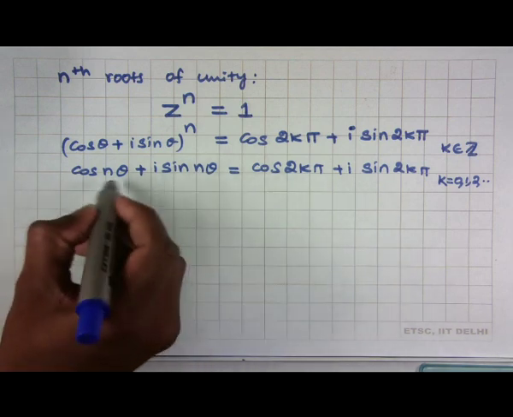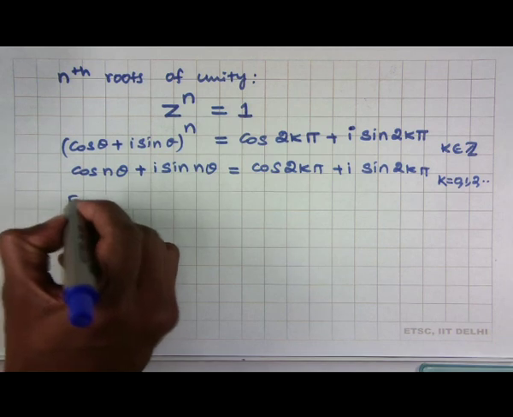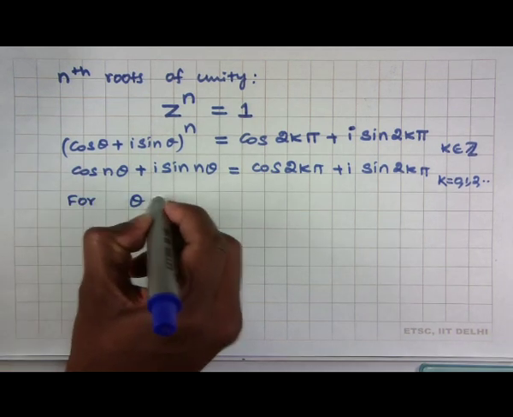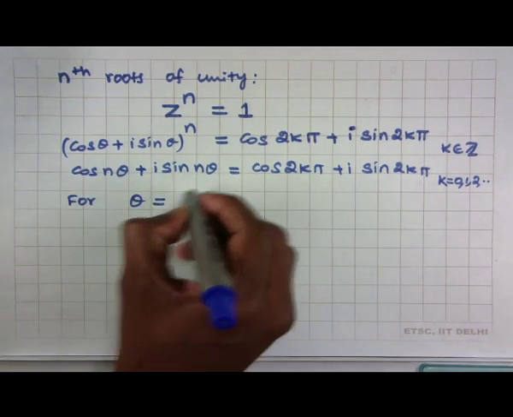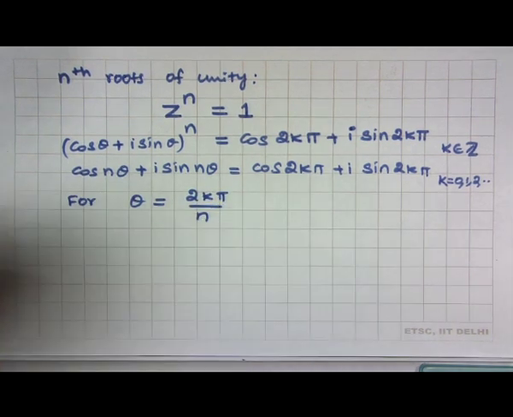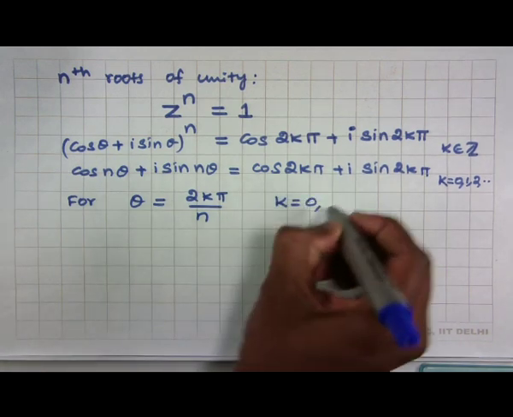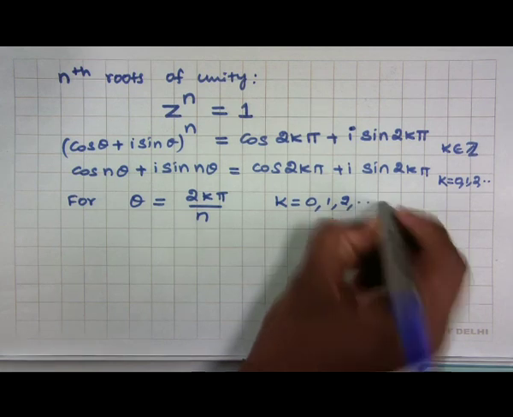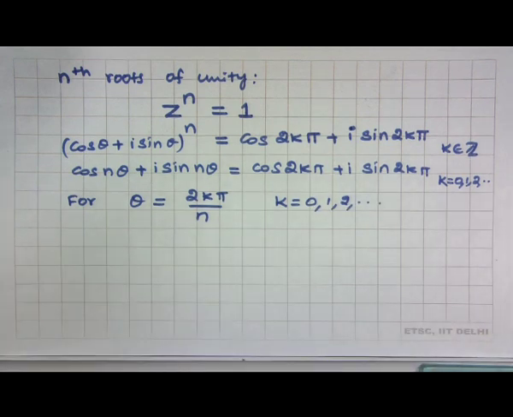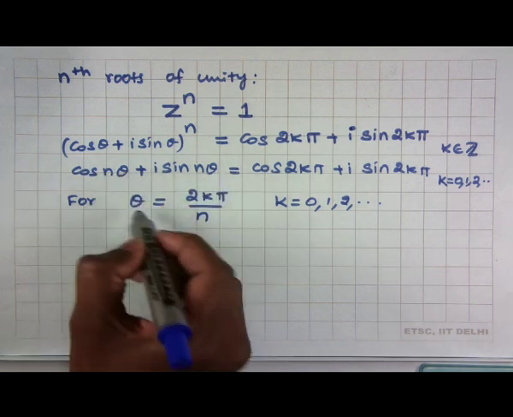Very naturally, what we see is that if we choose theta as 2k pi by n, with k from 0, 1, 2 and so on, then this equation is satisfied for these values.